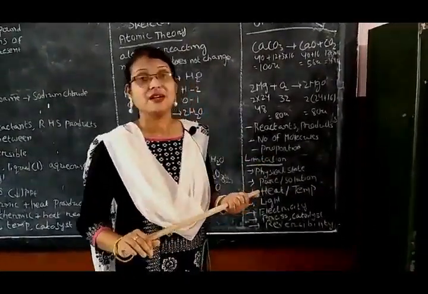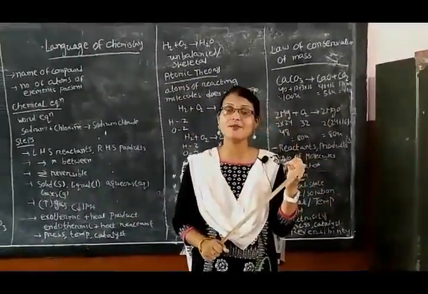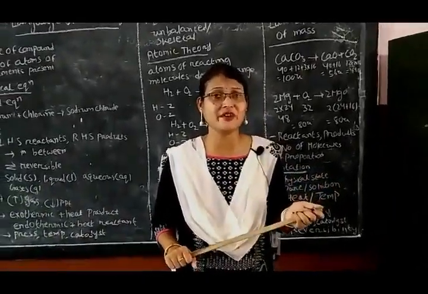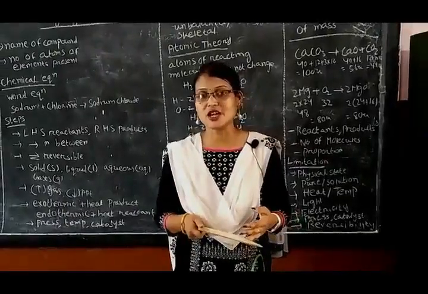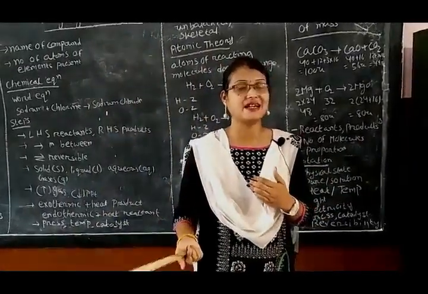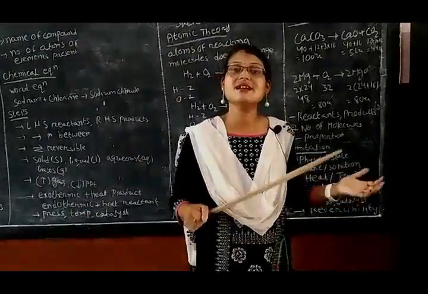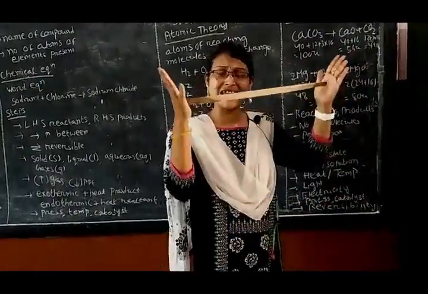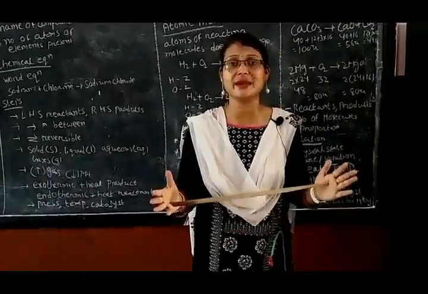And if it is endothermic or exothermic, meaning heat is evolved or heat is absorbed, then a plus sign with the heat should be written on the reactant side or product side. If it is exothermic, then it is written on the product side. And if it is endothermic, then it should be written on the reactant side. So these are all the requirements which we have to write while writing a chemical equation.